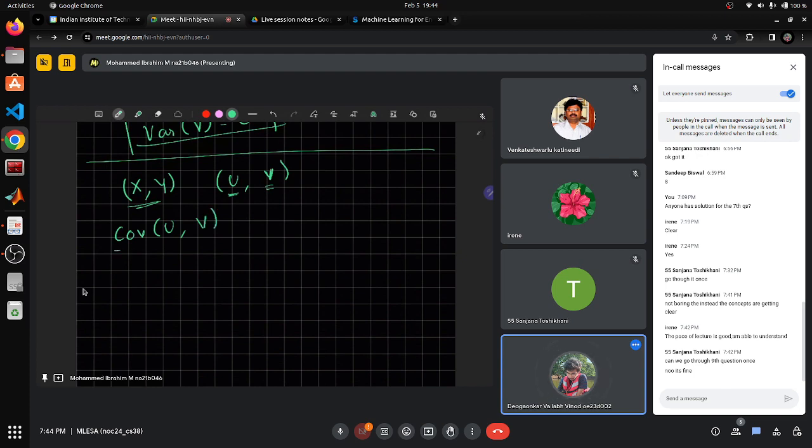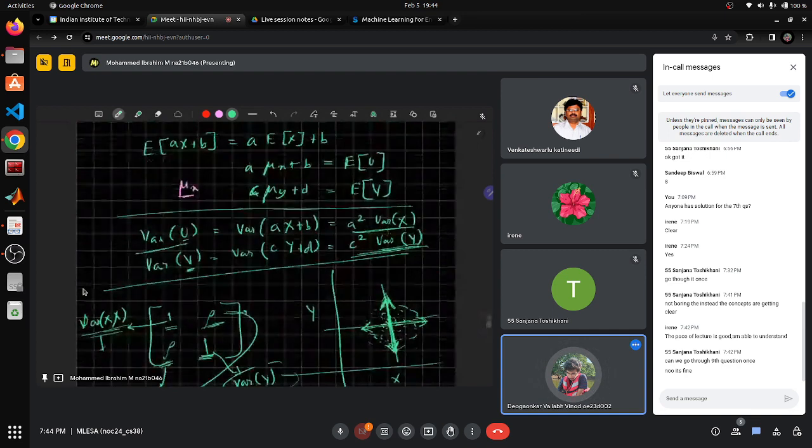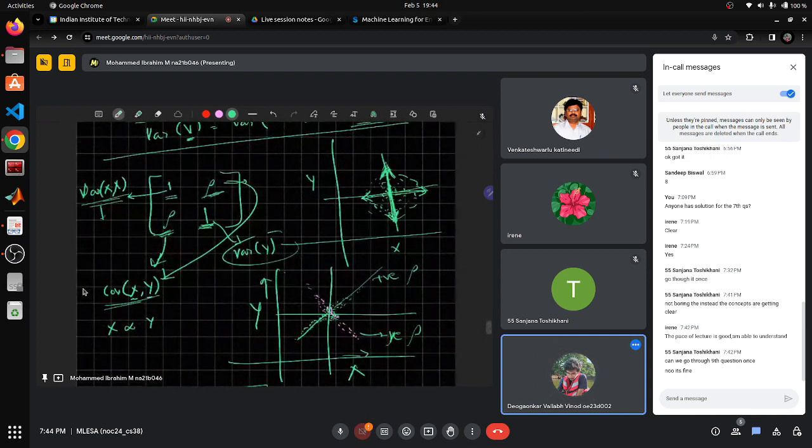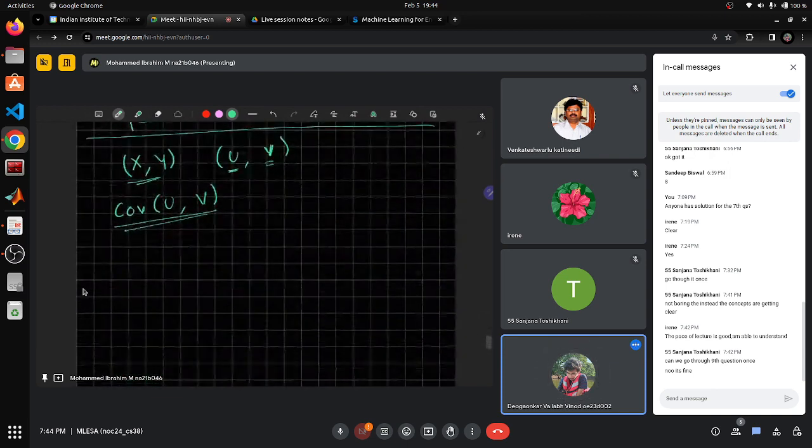So we essentially had covariance of x and y given to us, which was rho, but now we are interested in covariance of u comma v.